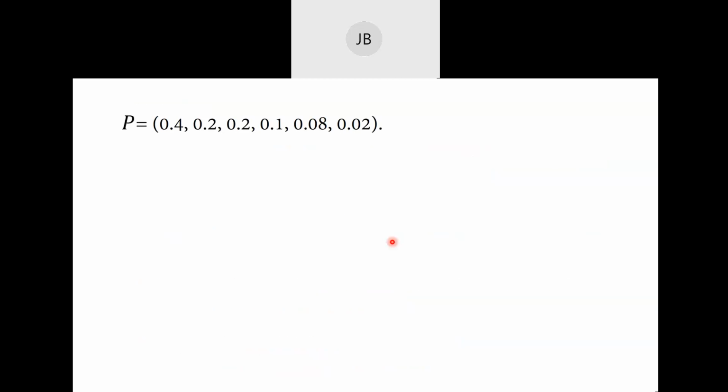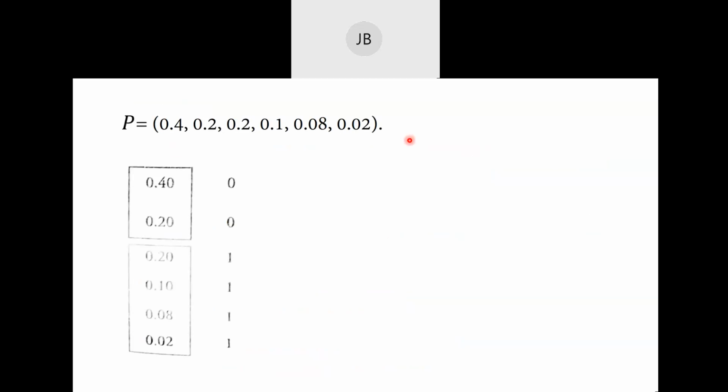So these are the different probabilities associated with the symbols. And in the first step, we have arranged them in the non-increasing order. So we have the highest probability here and the lowest probability here. And also these are the different symbols.